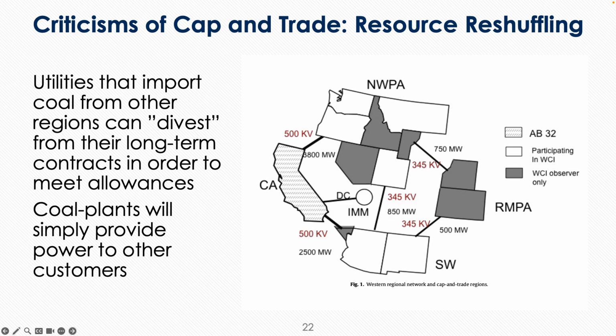And so this is essentially the same example of leakage happening, but under the mechanics of how the electricity system works. Resource reshuffling is a particular term talking about this shifting of who is producing power.